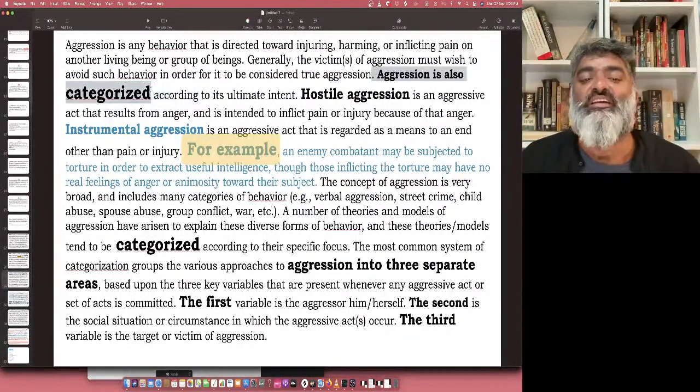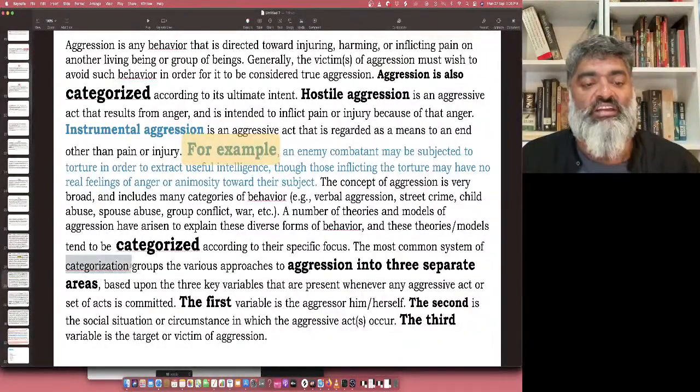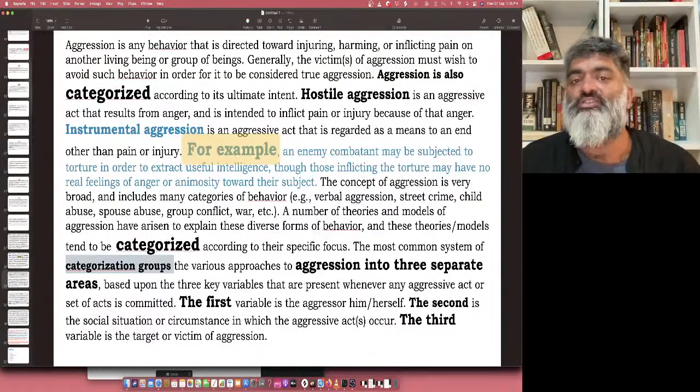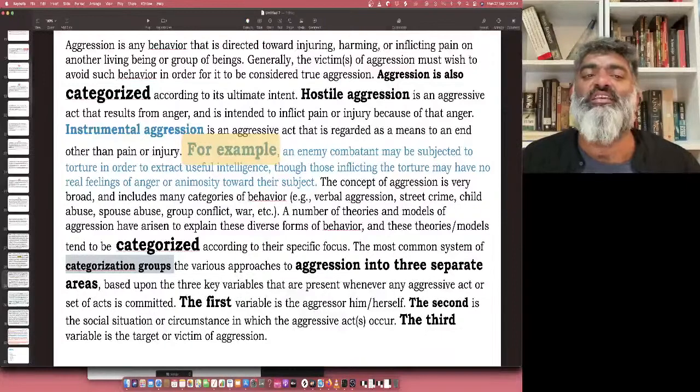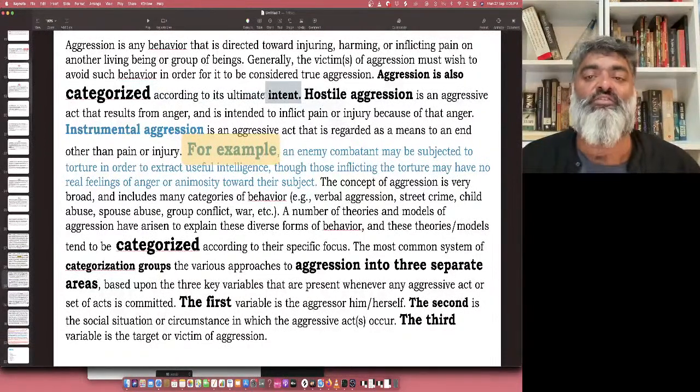Aggression is also categorized, and I see categorized in other places also. Aggression into three separate areas. Categorization groups. Okay, so it's about analyzing aggression and then categorizing them into various boxes, right? According to ultimate intent, that means what is the purpose of aggression.